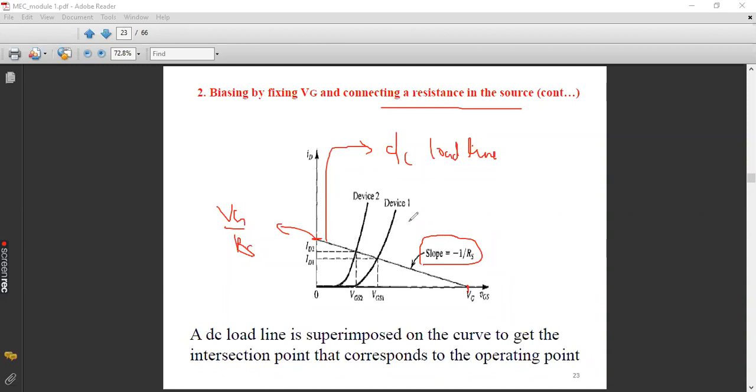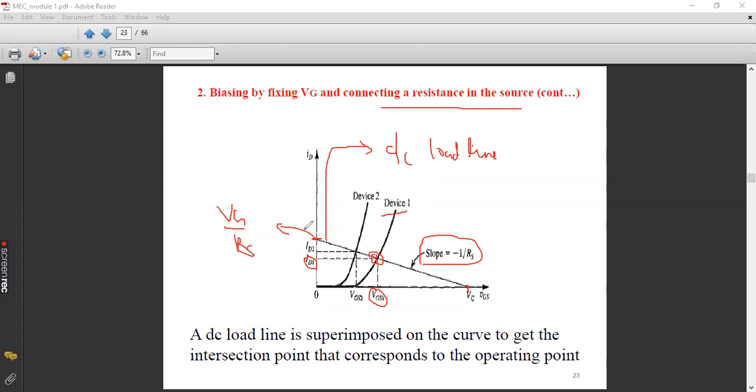And here we are taking two devices, device 1 and device 2. Now we will take a point at which this DC line is intersecting with respect to this curve. So this is your point. Now the coordinate of this point is defined by VGS1 in x-axis and ID1 in y-axis because it is connected with device 1.